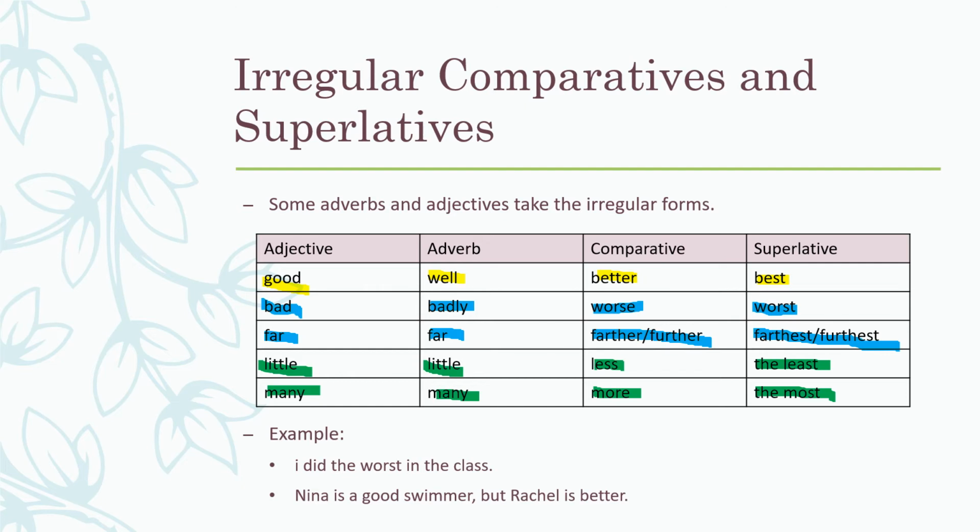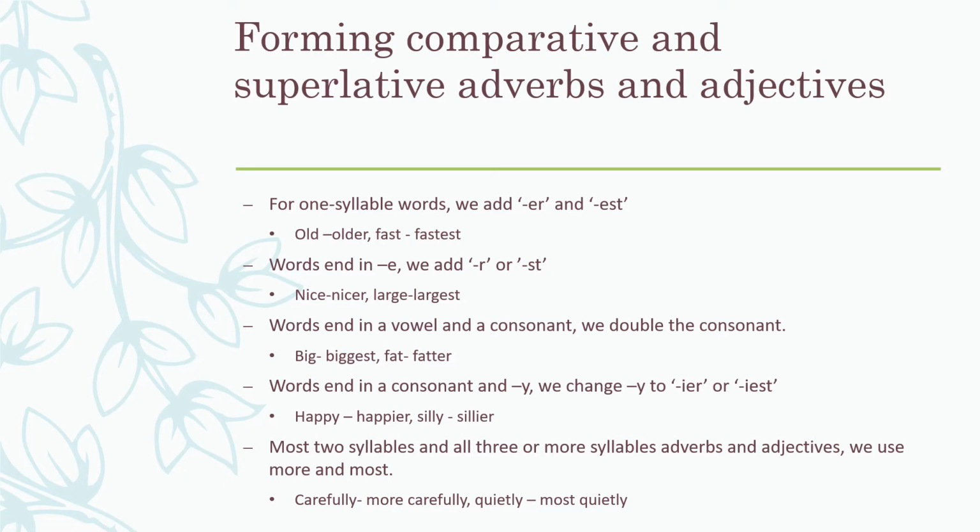Moving on, I have a note on how to form comparative and superlative adjectives and adverbs. Remember, in the first video, I talked to you about adding -er and adding most. So the question here is, how do we know whether we add -er or we add more? Or in the superlative case, whether we add -est or we add most?